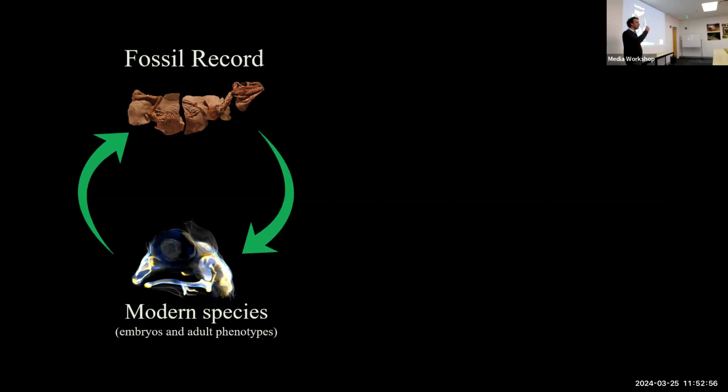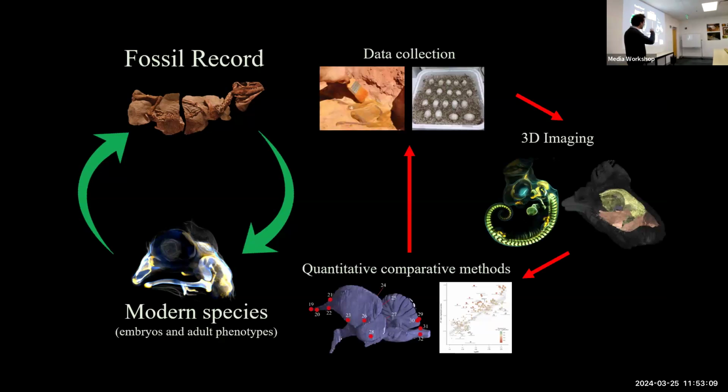So in other words, the fossil record and modern diversity are complementary faces of the same coin that depict the history of life. And we can basically put together these sources of data through quantitative comparative methods and 3D imaging.